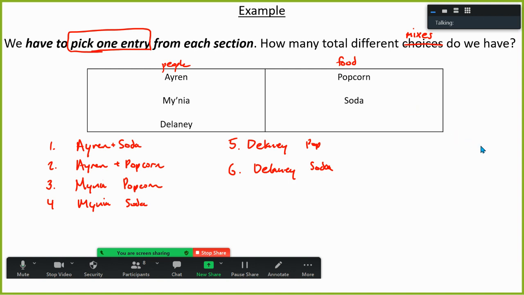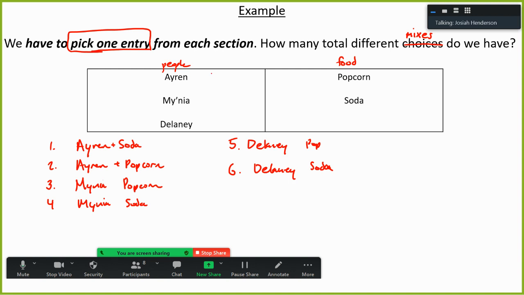So this is an example of what's called the fundamental counting principle. But we have a shortcut we can use for bigger problems, for bigger questions, with more items in each list. So real quick with me, notice how many items there are on the left list for people.